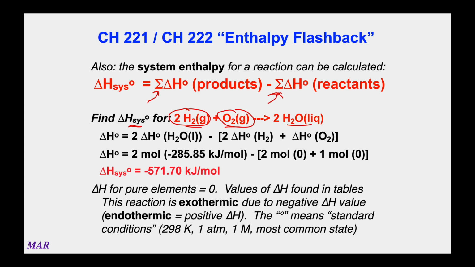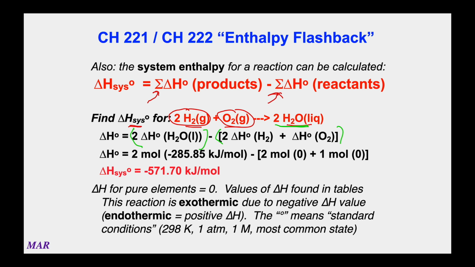So the overall way to find the delta H, products minus reactants. This part right here, that's the products. We have 2 liquid waters. And then there's a minus, and then the part in square brackets here, that's the enthalpy of the reactants. So products minus reactants.